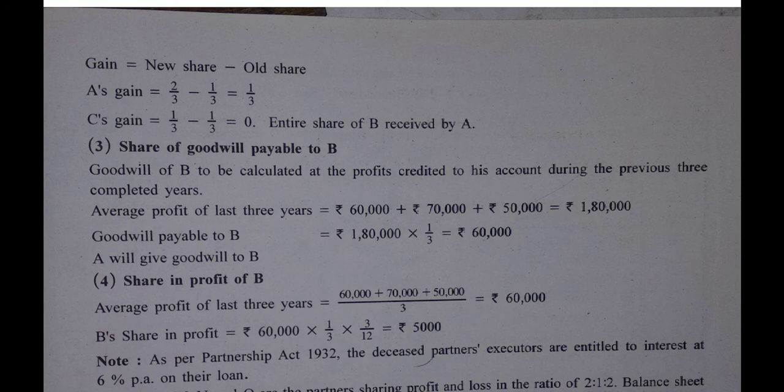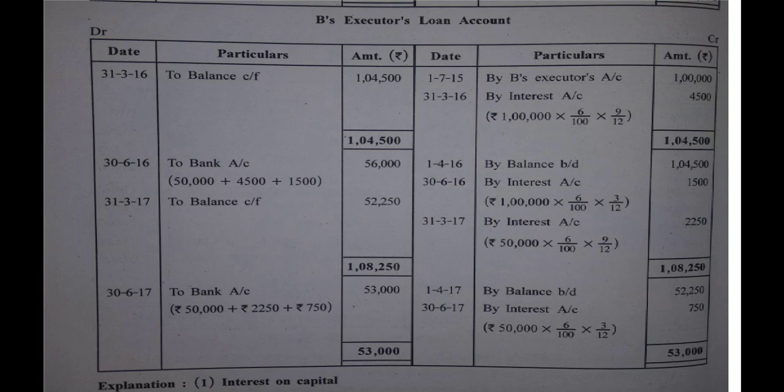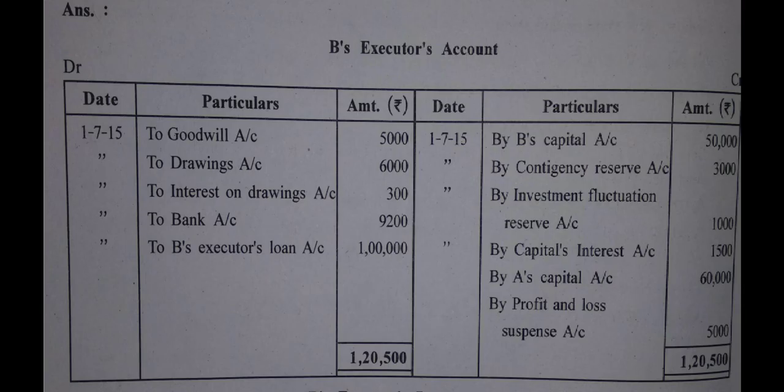So 60,000 into 1 by 3 gives you 20,000. Now this 20,000 is for 12 months. But B was in the firm only for 3 months. So 20,000 into 3 by 12 gives you 5,000. 5,000 to be credited in B's executor's account. Here you can see by profit and loss suspense account, 5,000. We have understood this topic even in the previous lecture.